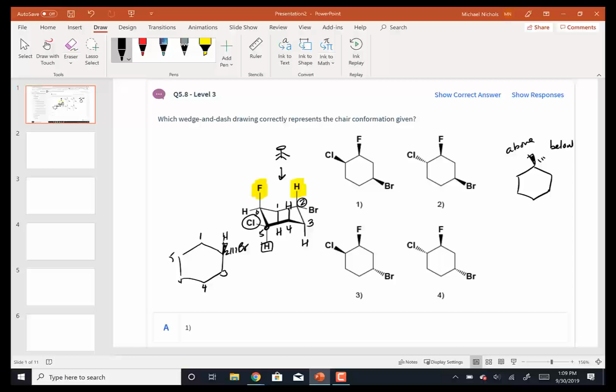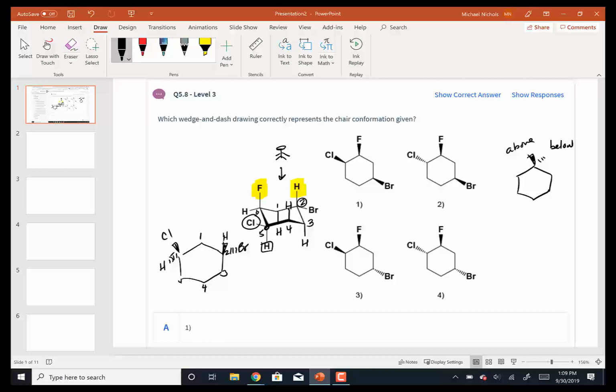Carbon 5, there's a chlorine. It should go on what kind of wedge? Bold or dashed? Bold. So it should go on a bold wedge because that chlorine is above the plane of the ring.